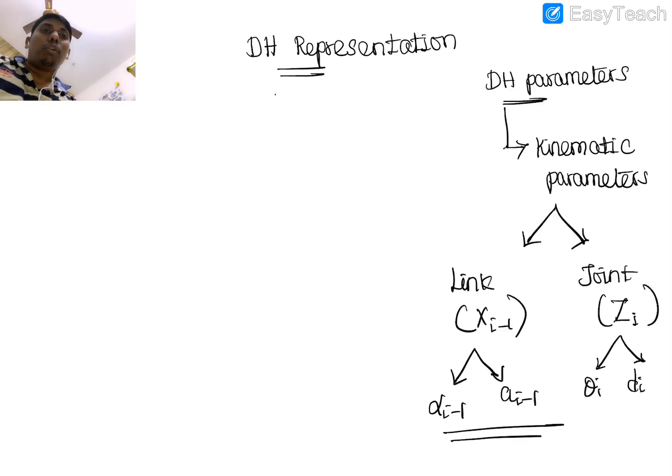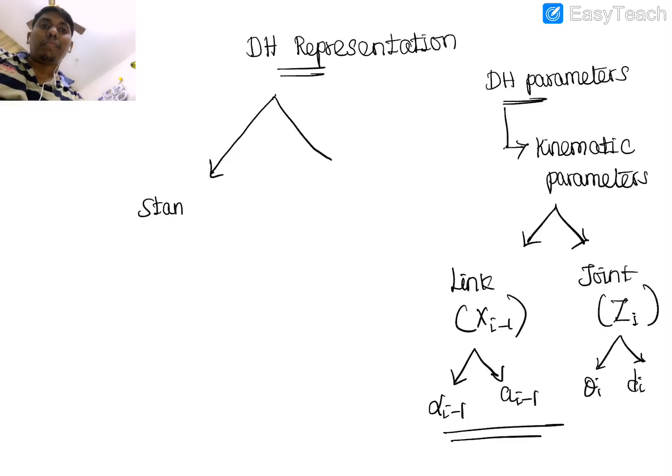Then what we have seen is that the DH representation has two forms. One is the standard form, the other is non-standard, and in our course we are going to talk about non-standard. What does that mean?